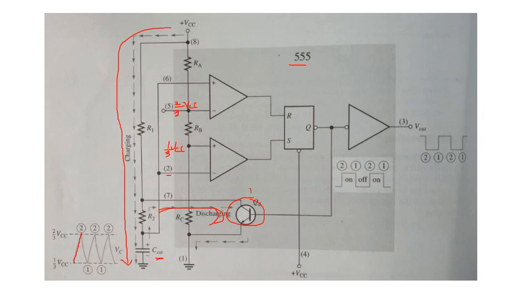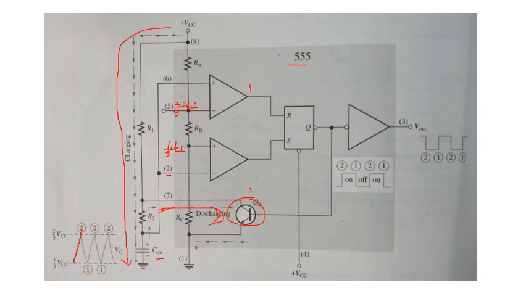Then this is measured at pin number 6. If the voltage across the capacitor measured at pin number 6 crosses 2 by 3 VCC, then this comparator will be set.